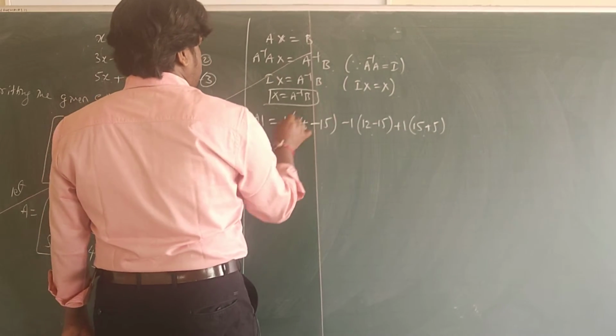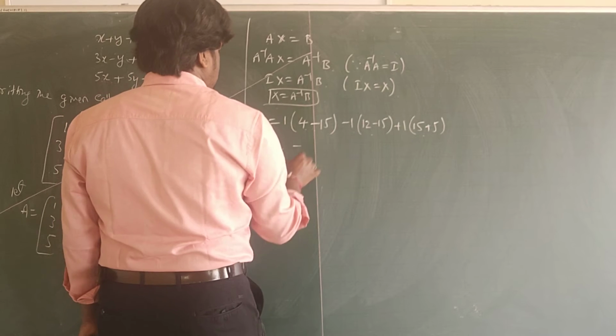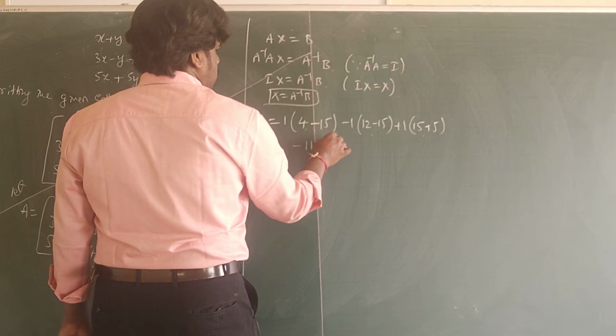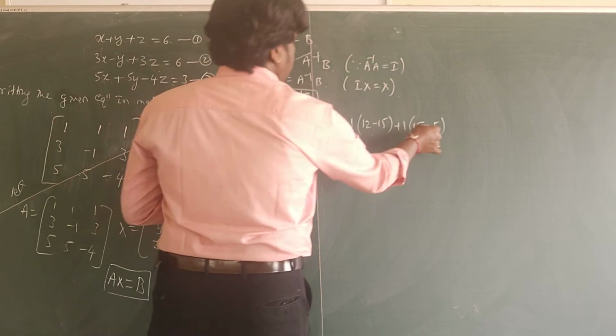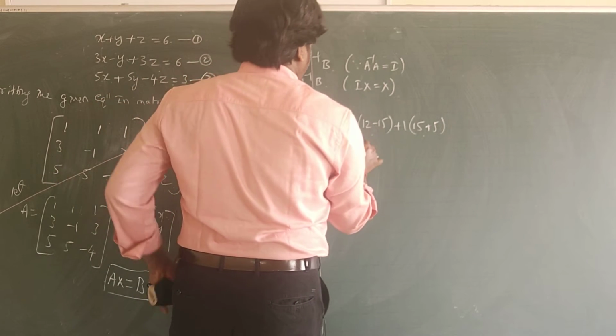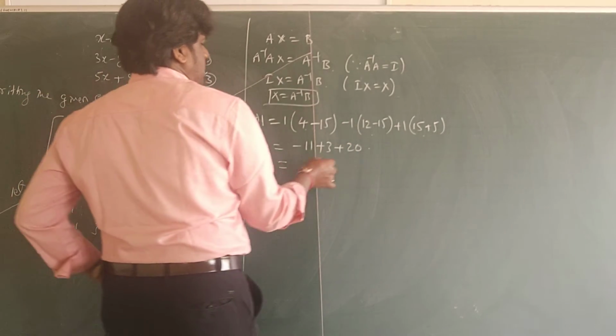So this is minus 11, minus, see, minus 3 comes, minus 3 plus 3 and you get here plus 20. So here 23.